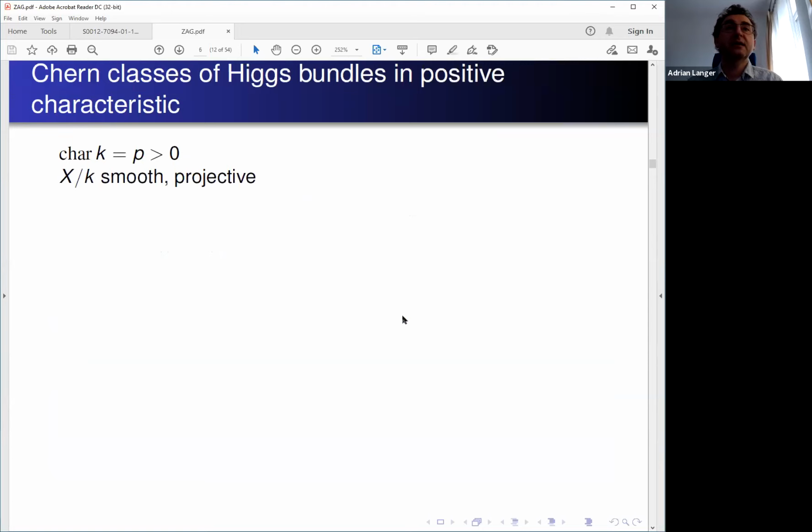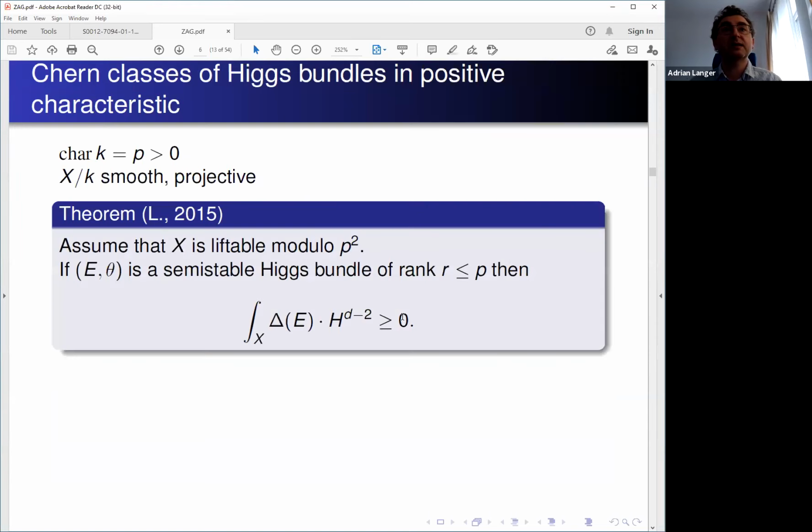As I said, in general it's not true, but if you assume that your variety is liftable modulo, say, p squared, then we have essentially the same inequality. If we have a semi-stable Higgs bundle and the rank of this Higgs bundle is at most equal to the characteristic, then the discriminant has non-negative degree with respect to this ample polarization.